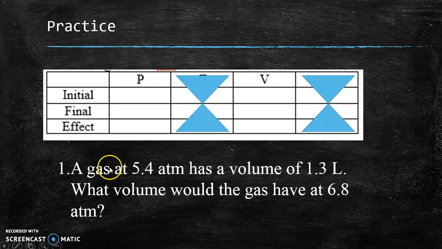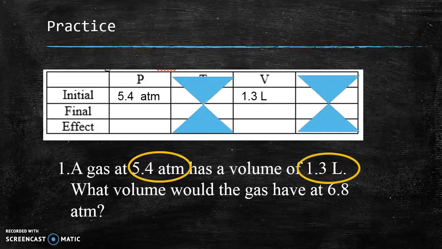Looking at our question, the initial is all in that first sentence. It says we have a gas at 5.4 atmospheres and a volume of 1.3 liters. So at 1.3 liters, the gas is 5.4. Those go together. So there's our initial pressure and initial volume. Put it right in the table.